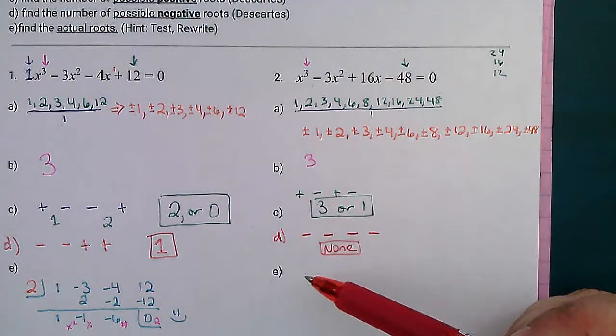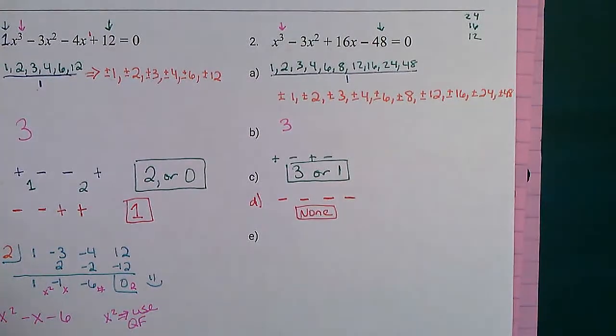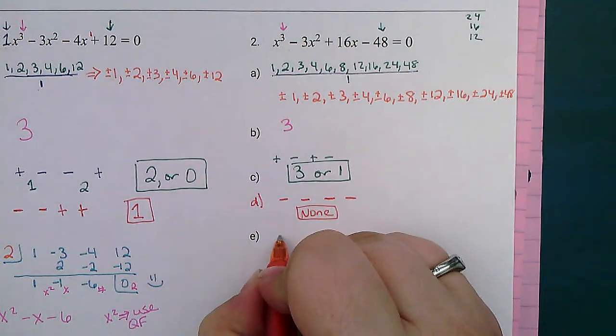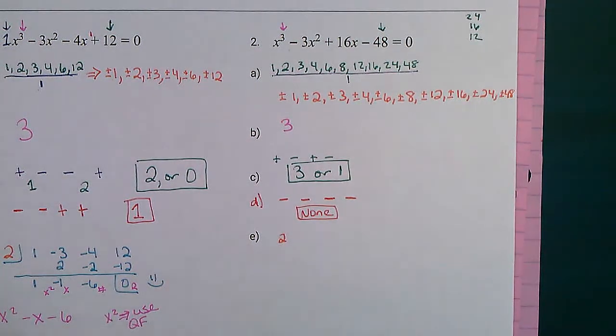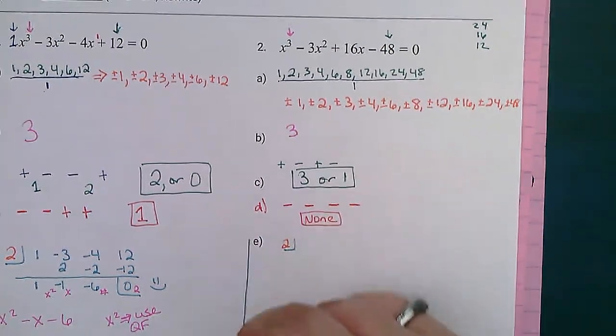Okay, so on E, now I'm going to try to pick a number that's going to work, and I'm going to pick, I don't know, 2 worked last time. Let's try it again. 2. And I'm going to write small because I don't know how many things I'm going to have to test.